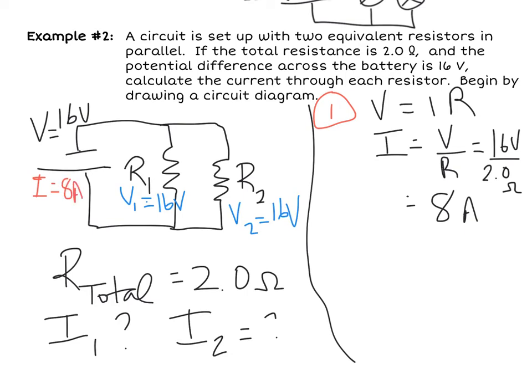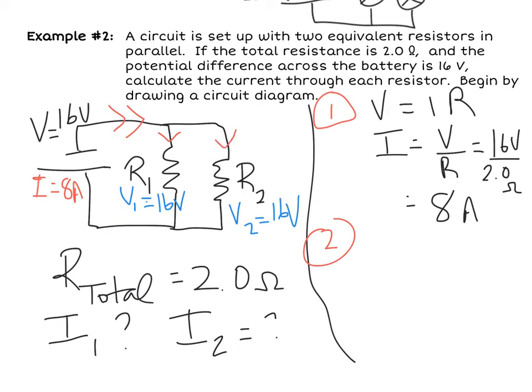So now that I know that, that's going to help me to figure out what the current is through each resistor. Now, since I know that my voltage drop across each lamp is the same, I know that when my current reaches over here, it's going to be split equally.